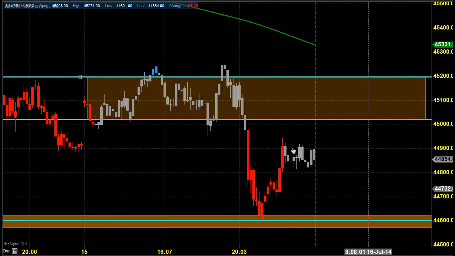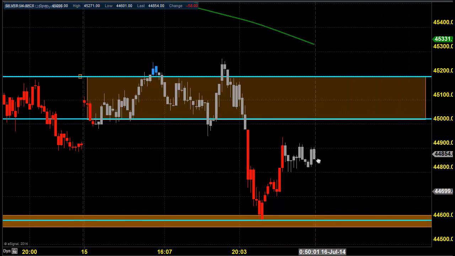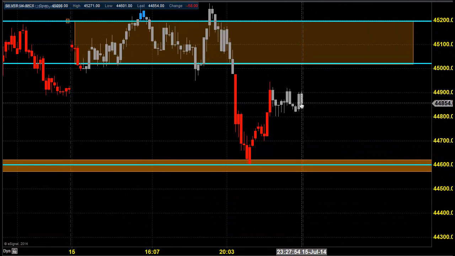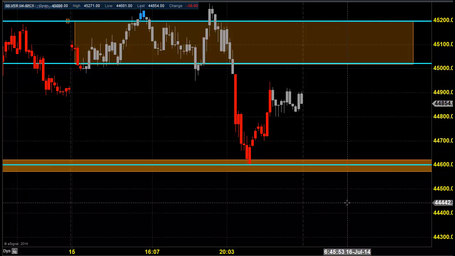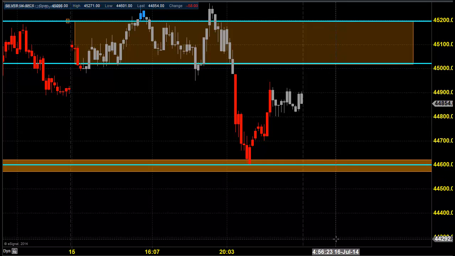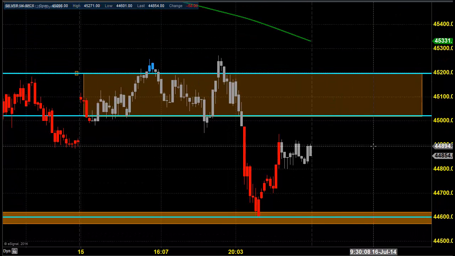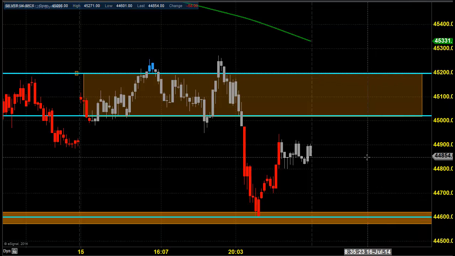We are expecting that silver can go for selling, having 45,200 as a major resistance zone. We need a confirmation, which means the price should break 44,600 and provide a closing below that, so it can be a continuation of the downtrend in the silver market. So this is our clear expectation.